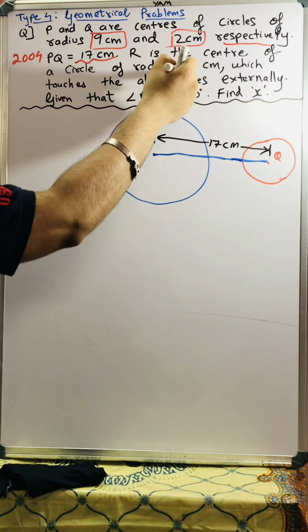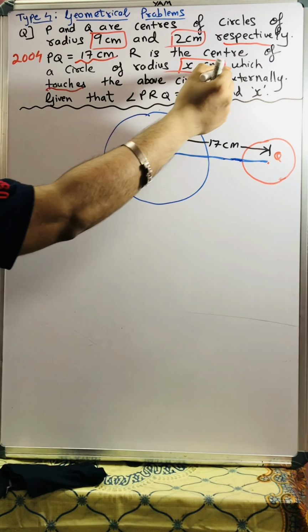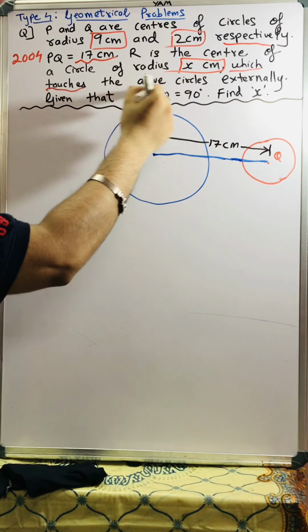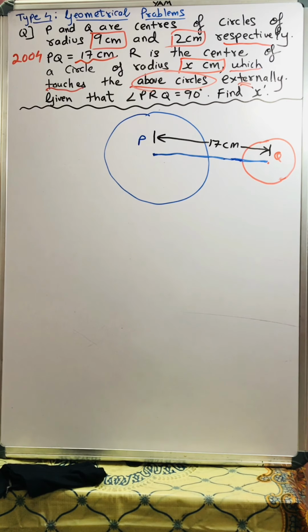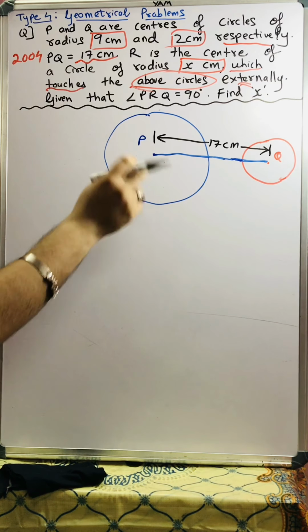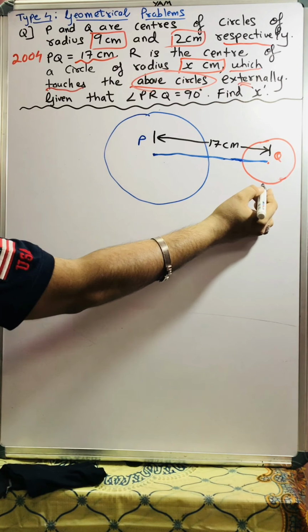So we have a third circle with radius x centimeter which touches the above circles externally. So we have a third circle which touches the orange circle and blue circle externally. Okay, so let me draw the third circle.